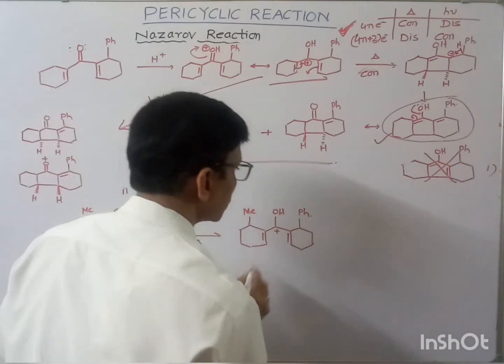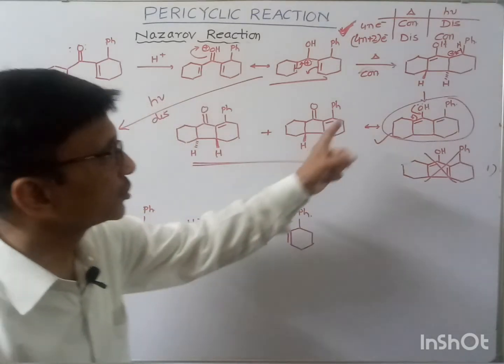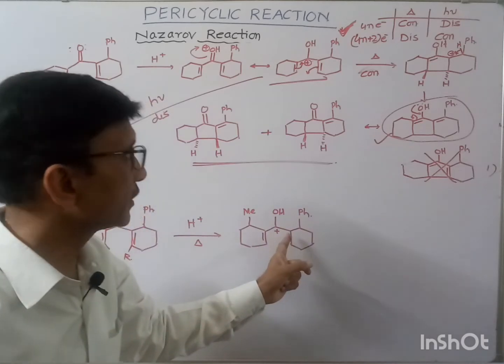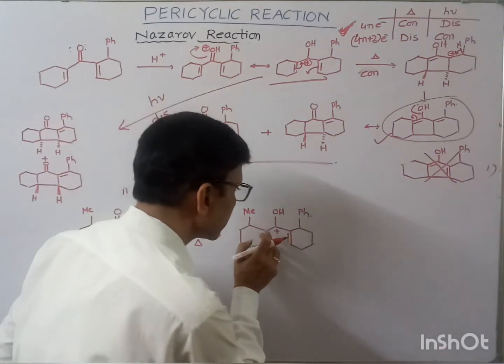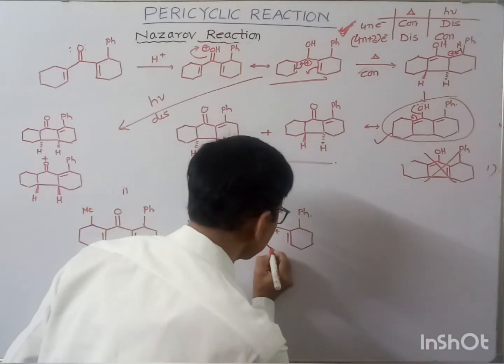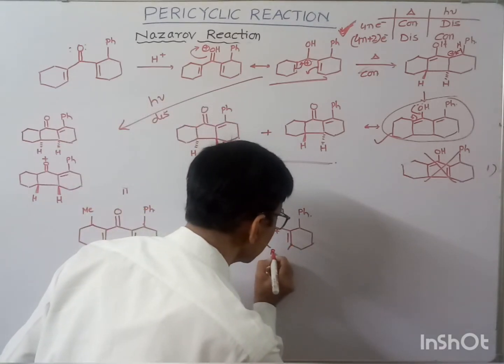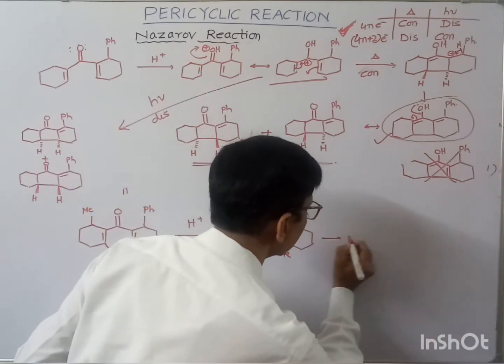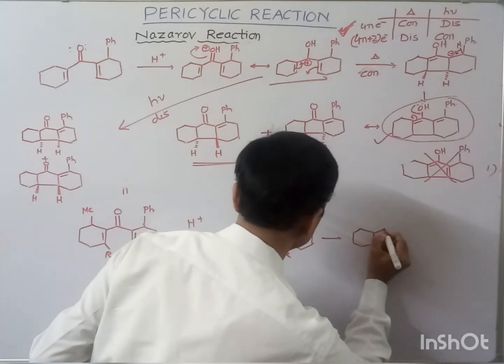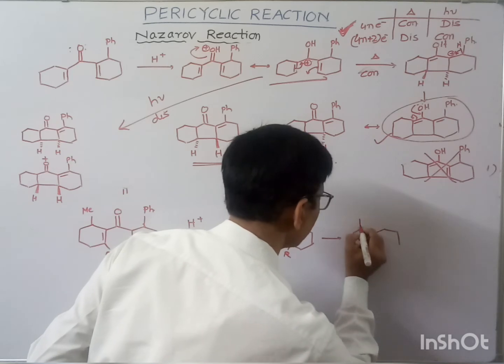So I have placed the positive charge over here. Now again the positive charge should be here, not here. So in this case, the intermediate which I should write would be this.